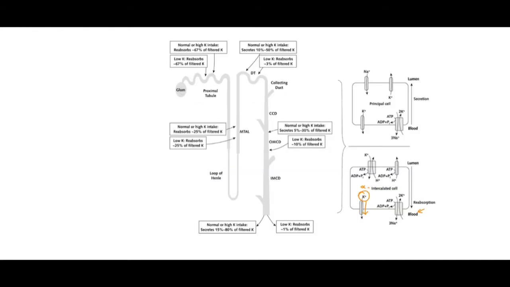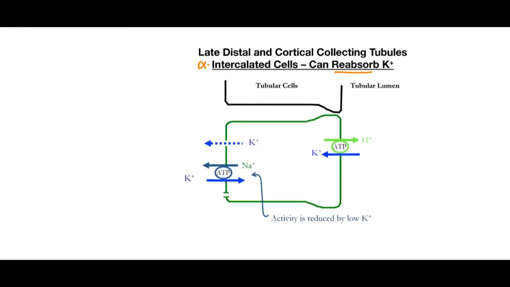If you have, let's go back here. If you have a lot of acid inside of the blood, okay, so your blood's over here. If you have a lot of acid inside the blood, what are the kidneys going to do to try to alleviate that acidosis from the body? It's going to try to secrete it into the tubular fluid so that it can be excreted from the body to try and bring the pH of the blood back up to normal values.